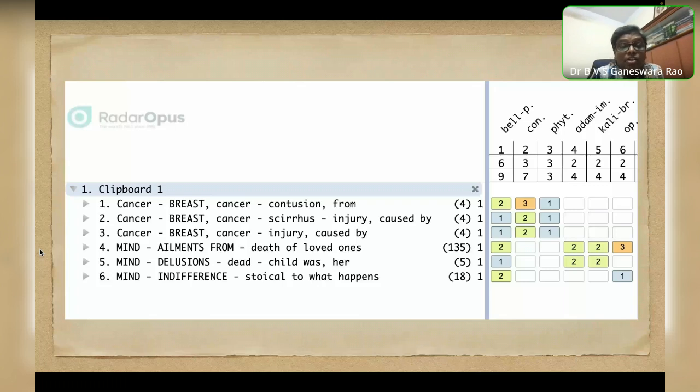Here, I considered injury in terms of her emotional injury, right? Death of loved ones. Of course, in reality there was no death of her son, but it's almost like that. So that is what I considered. And also, she is very much indifferent to whatever happens. When I did that, Bellis came up very strongly.